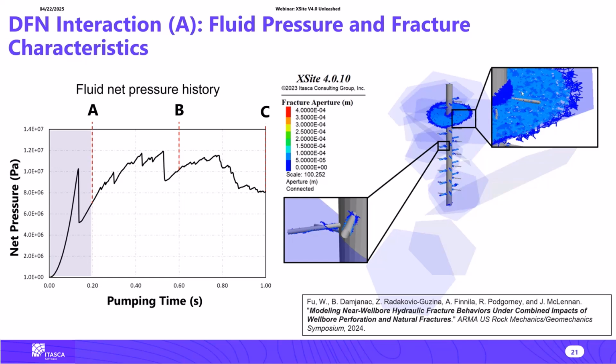So what we see in this slide is state A. At state A, we had a breakdown. A breakdown occurred because one of these perforations reactivated one of the DFN fractures that intersected the perforated section of the well. As the fracture got reactivated, the pressure dropped.